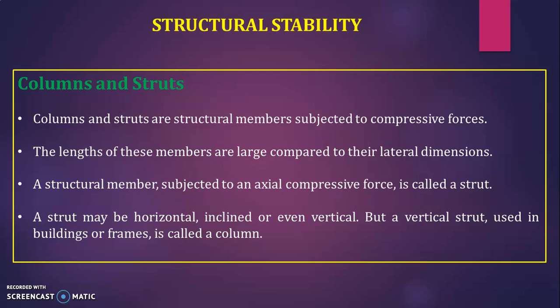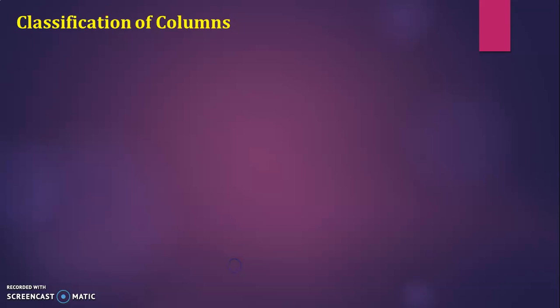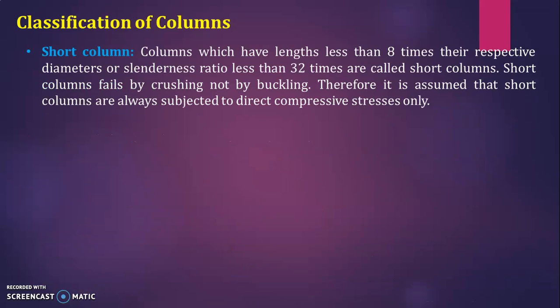There are three types of failures: by pure compression, by buckling, or by a combination of pure compression and buckling, depending upon the slenderness ratio. So here columns are classified mainly into three categories, that is short columns, medium size columns and long columns. First we will discuss short columns.